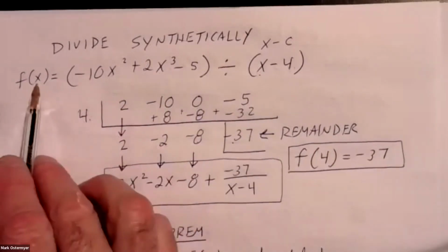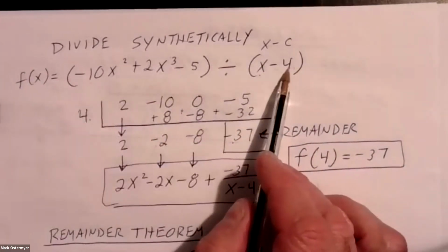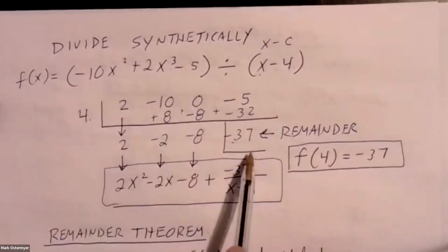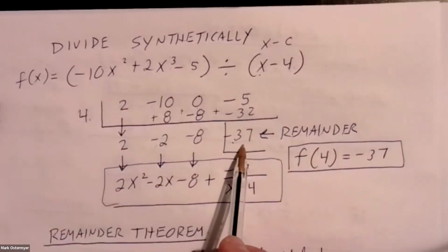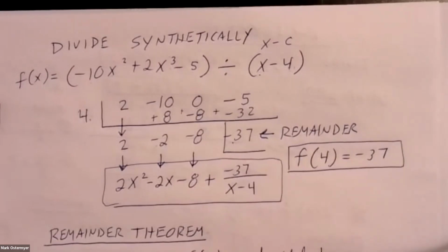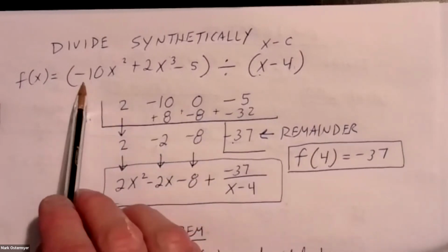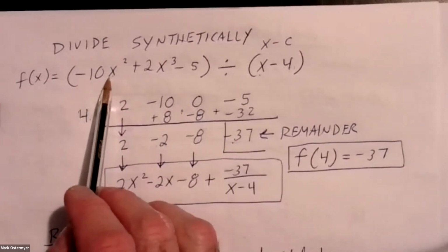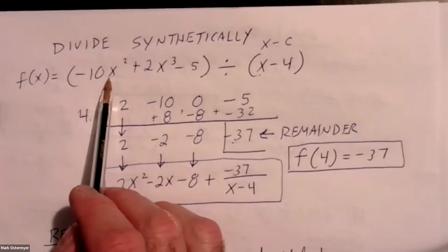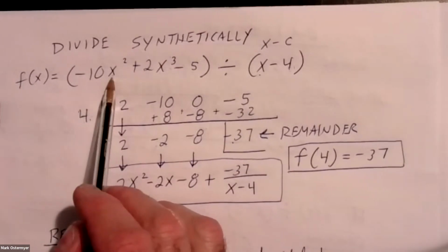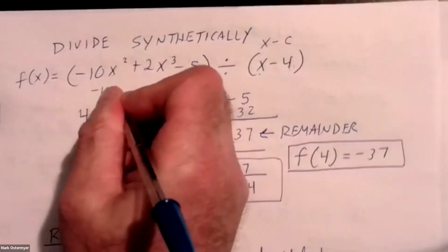So the function f of x, this polynomial function evaluated at c, is equal to the remainder that you get after doing synthetic division. And you can check that. Negative 10 times 4 raised to the second power is negative 10 times 16, which is negative 160.